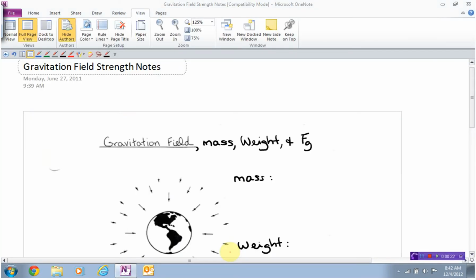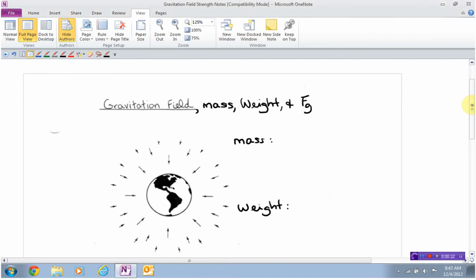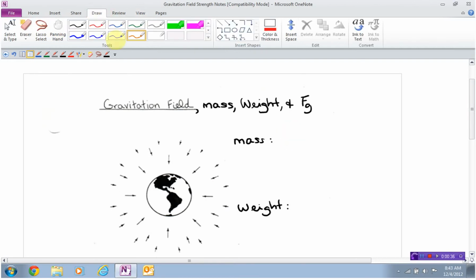Okay, welcome. Today is our notes on gravitational field and a review of the two concepts of mass and weight. First of all, let's go back over to mass. Remember, mass is the amount of matter in a substance.